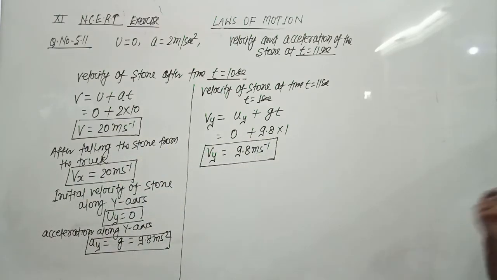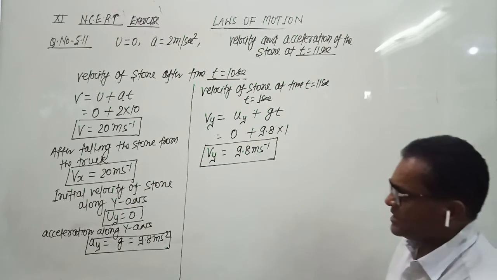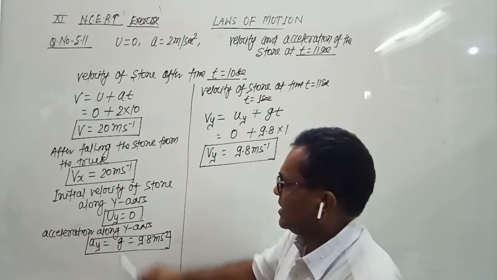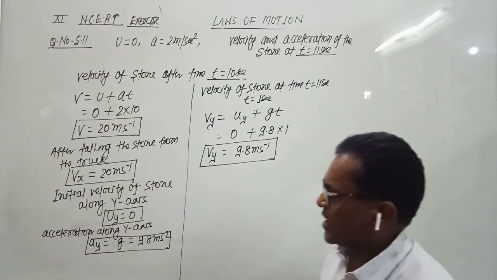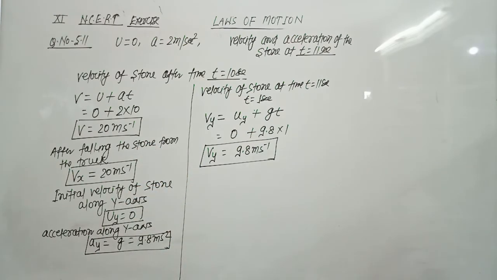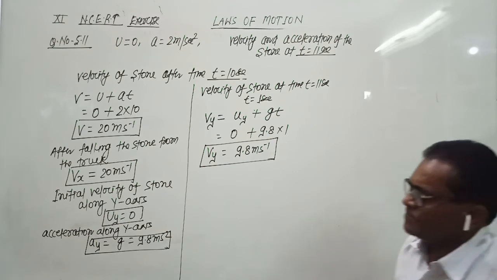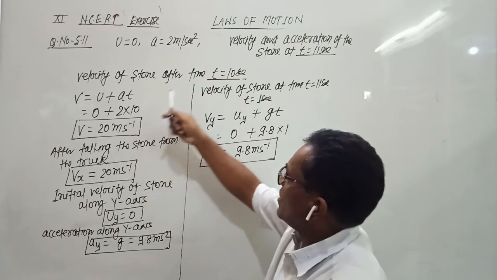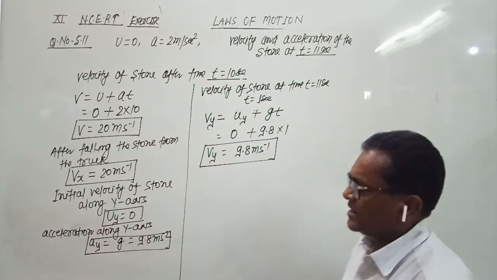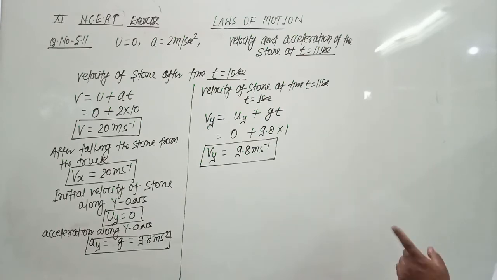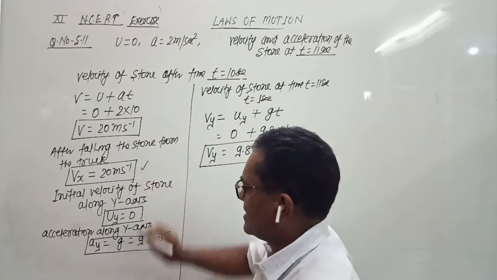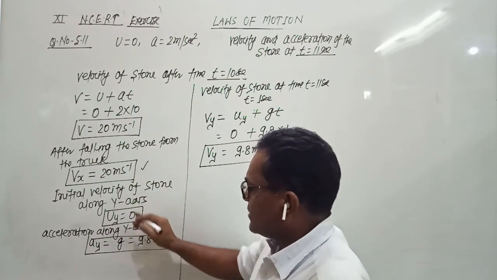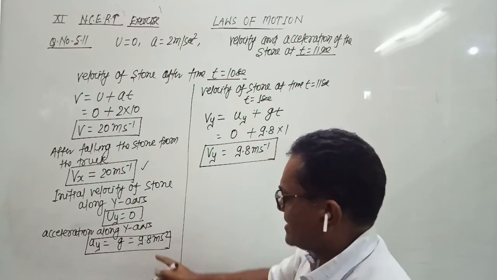When the stone was dropped from the truck, since the truck is moving, the velocity V, this was the horizontal component of velocity. V equals U plus at, using the acceleration of the truck, 2 meter per second square. This was the horizontal component of final velocity. Then we calculate the acceleration along the y-axis.